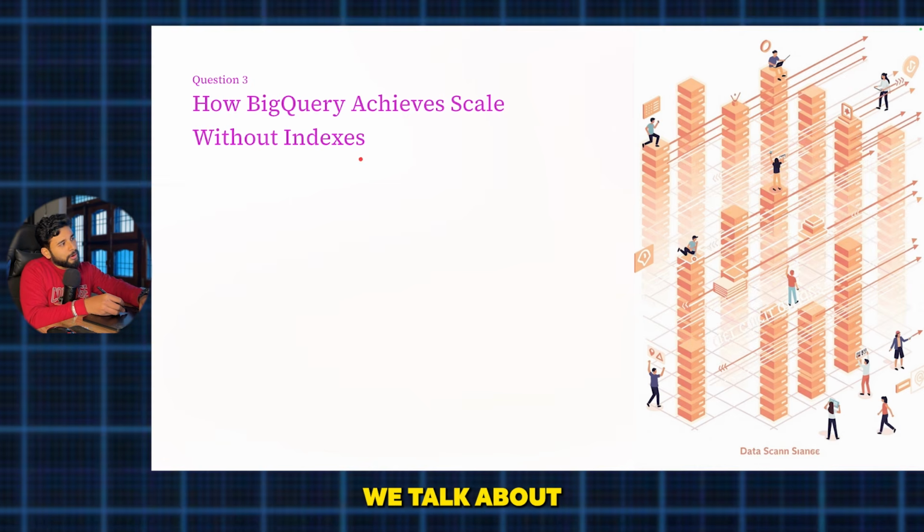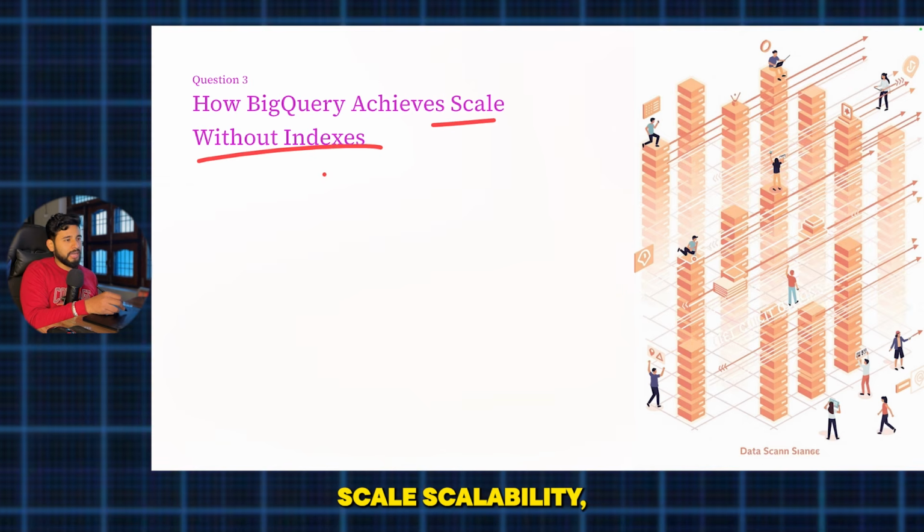Next thing we talk about: whenever you talk about any kind of data warehouse, they will ask about indexes. How exactly does BigQuery achieve scalability without indexes? Because indexes are a concept of RDBMS, relational database management systems, OLTP systems.